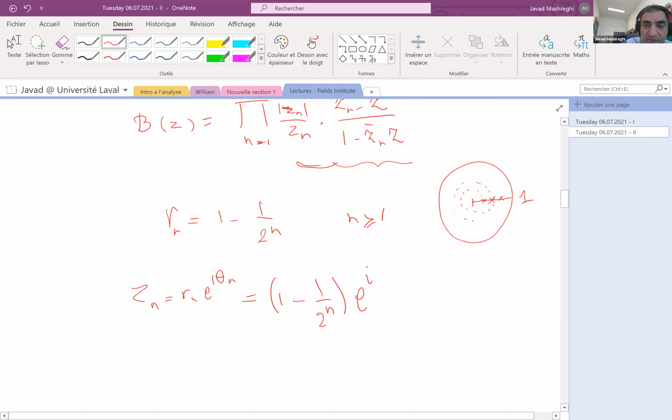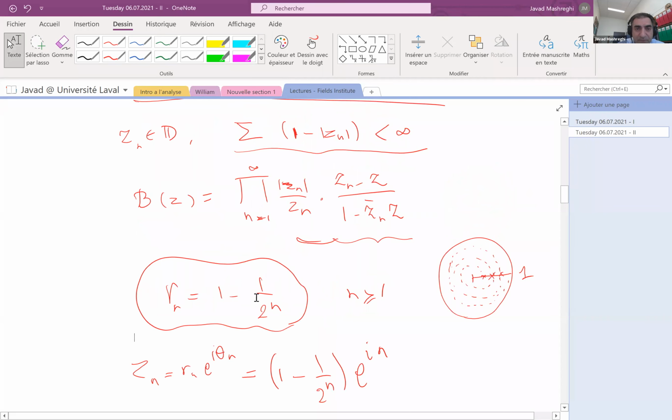rotates around the origin infinitely many times and becomes closer and closer to the boundary. For example, e to the in. That works well. This is not the only one, but there are many options. But let's consider the simple case, something like this. The same phenomenon as before.